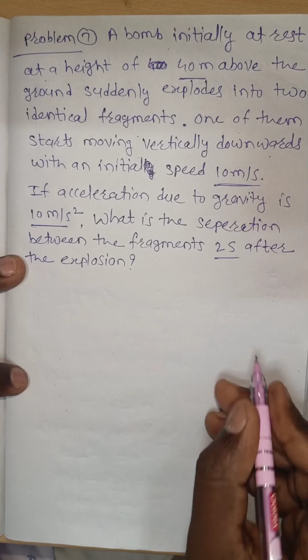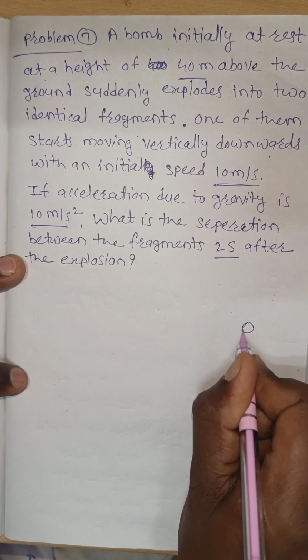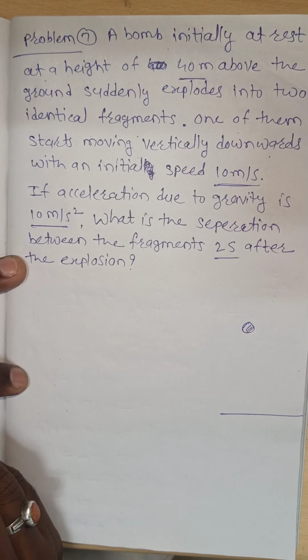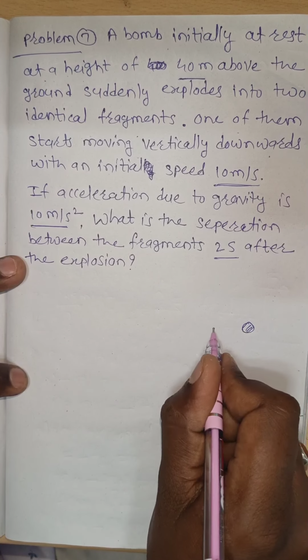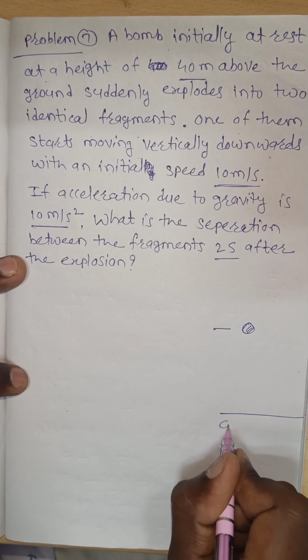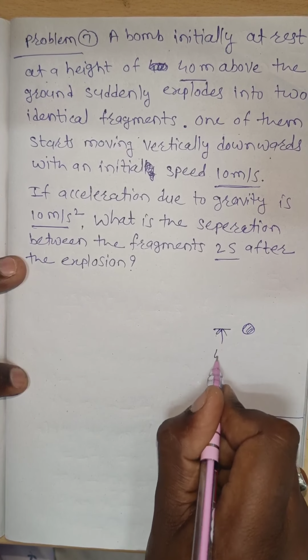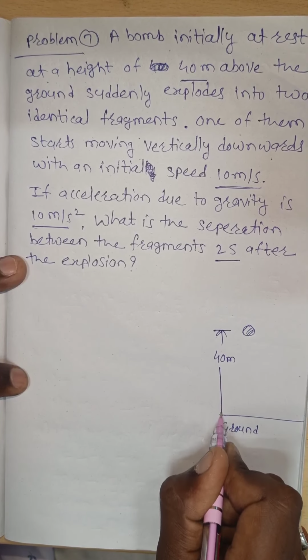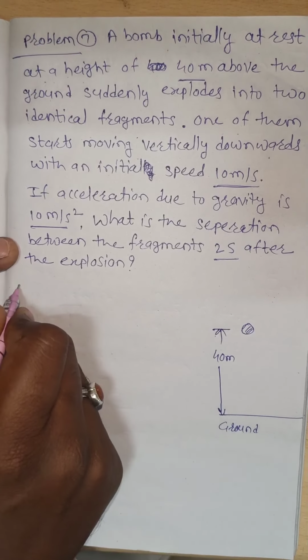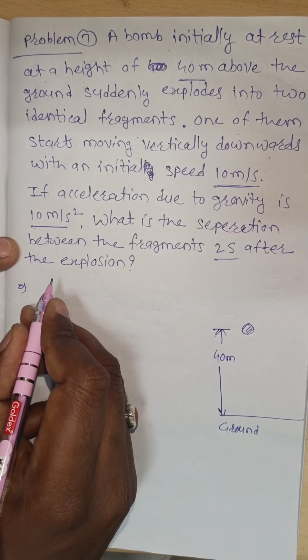Initially, the bomb is at a height of 40 meters above the ground. Now this is the ground.